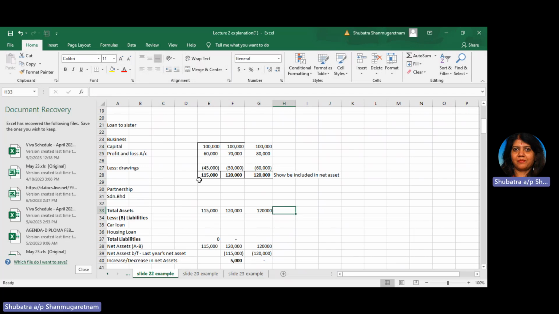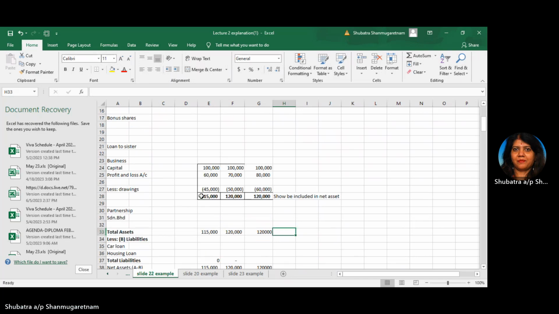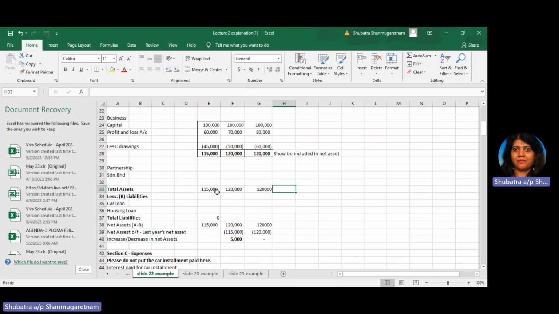Okay, so that means in 2017, your total assets was 115,000. 2018, your assets increased to 120,000. So you see there is an additional outflow of cash of 5,000. Where did this 5,000 come from? You had an increase in profit by 10,000 plus an increase in drawings by 5,000.